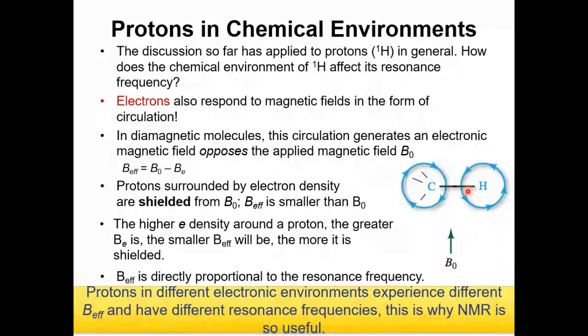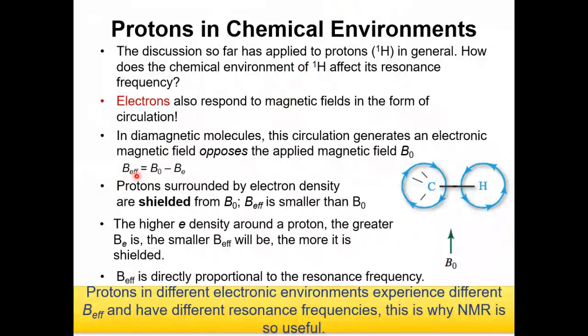This is a hydrogen nucleus, and the circulation of electrons will create a field against it. So the net effect is that, because of the existence of electrons, the magnetic field experienced by this nucleus will be a bit weaker than the original one.